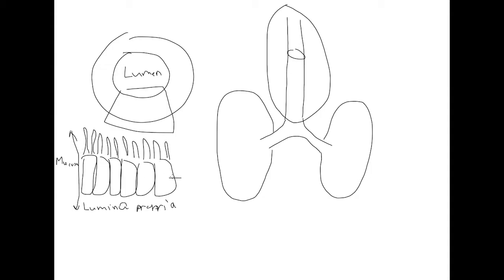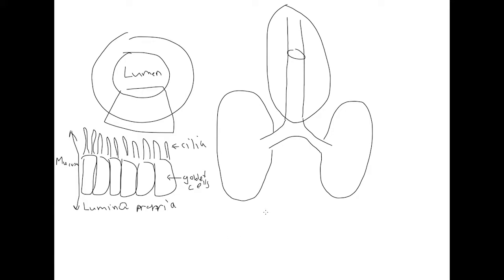Anyways, moving on. What about these cells? These are goblet cells. So they're going to be goblet cells around the membrane as well as cilia. And these goblet cells are what produce mucus.